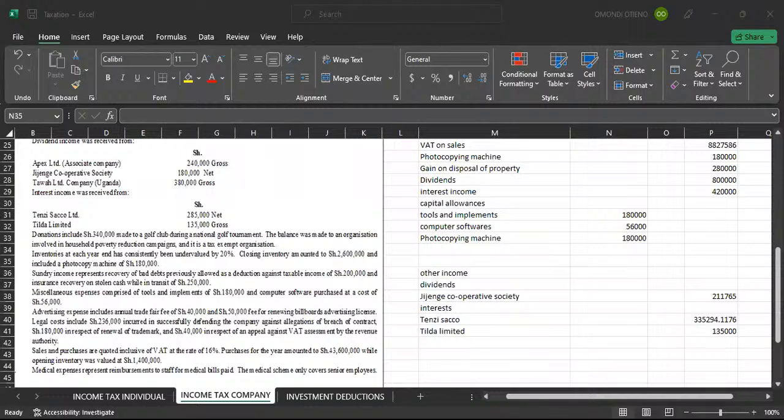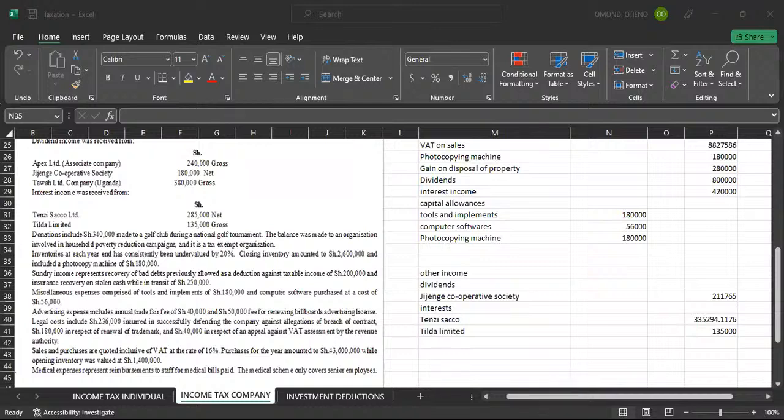We have softwares, we have tools and implements. Computer software, 20%. Somebody saying 20%. Really?